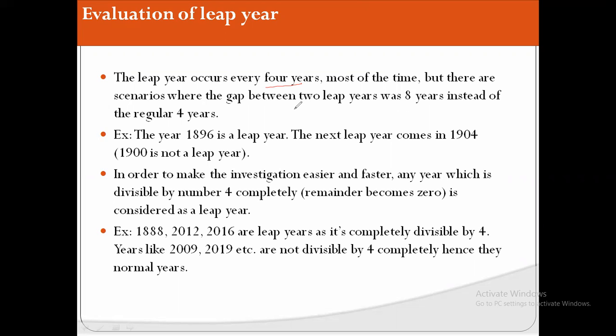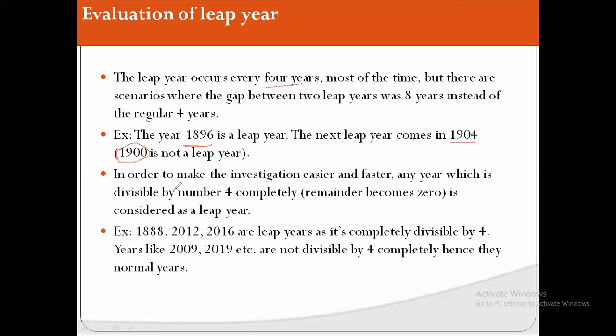If we see this example, 1896 is a leap year, and the next leap year comes in 1904, in the 19th century. Because 1900 is not a leap year, you might have the doubt how I calculated that. Let's have the discussion on that.